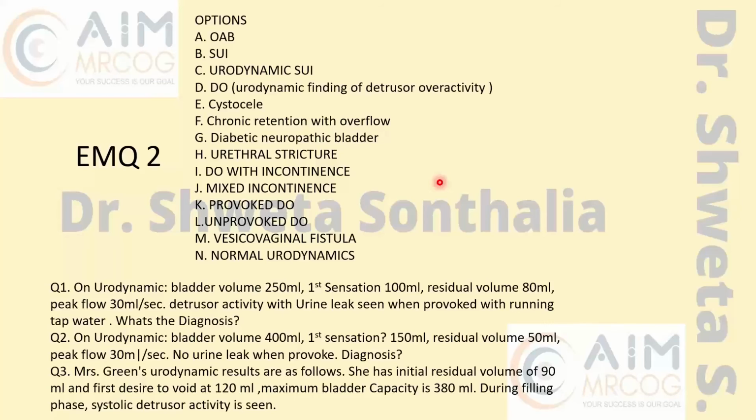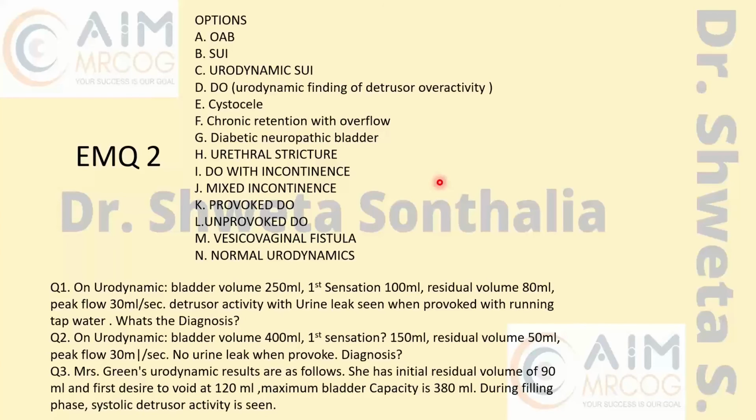First sensation 100 ml is also reduced. Residual volume 80 ml is normal. Peak flow 30 ml per second is normal. Detrusor activity with urine leak when provoked with running tap water means the detrusor is overactive.